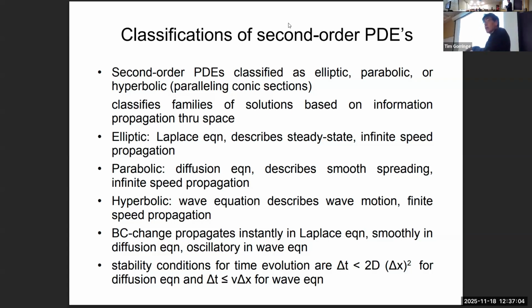If you were to change the boundary conditions on a parabolic equation like the diffusion equation, their effects propagate, although it is a time-varying diffusion equation, at some level instantaneously. The third type of category is the hyperbolic category.